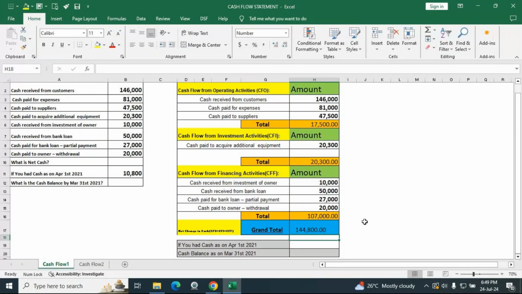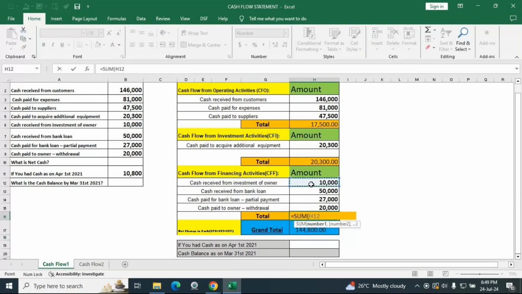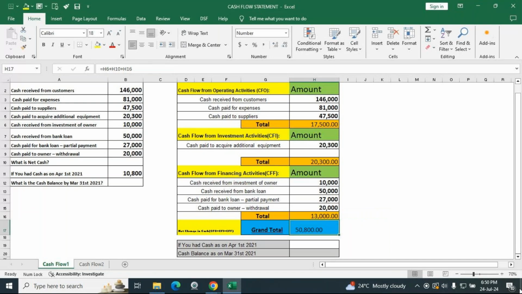So how should I take it then? Equals sum of these two should be added minus sum of these two values. Is it correct? Yes, ma'am. So it is 50,800.